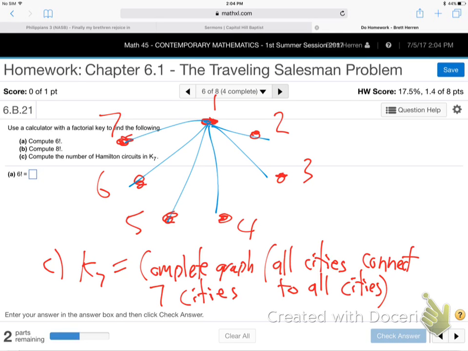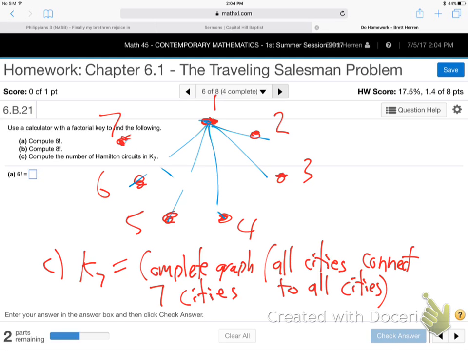If there was no way to go directly to city 7, if there was no road from city 1 to city 7, for example, but there was from like city 4 to city 7, so you could still get to city 7 from 1, but not directly. You'd have to go through city 4, maybe, for example, right? In some more rural areas, I'm sure there's not a direct road between every 2 places. That would not be complete. Does that make sense? If there's not a direct road between all the cities, then that's not complete. Complete means direct road from every city to every city. It's as full as it can get.